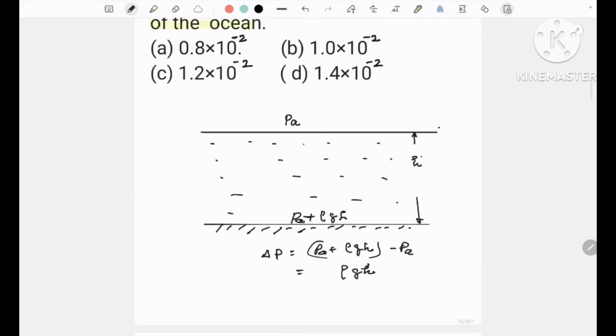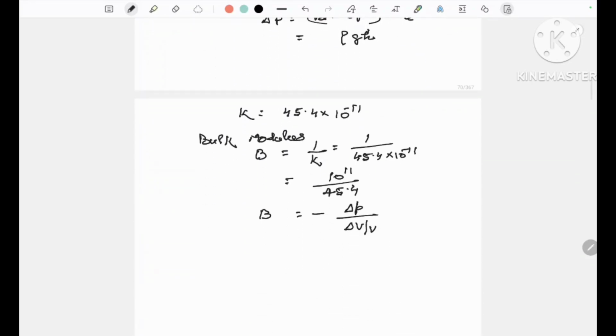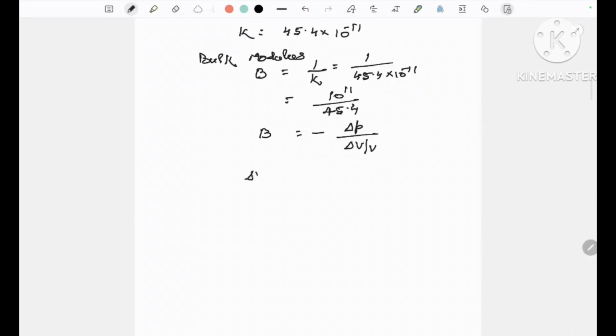So, fractional compression delta V by V is equal to minus delta P by B. Delta P is rho g h and B is 10 to the power 11 by 45.4.